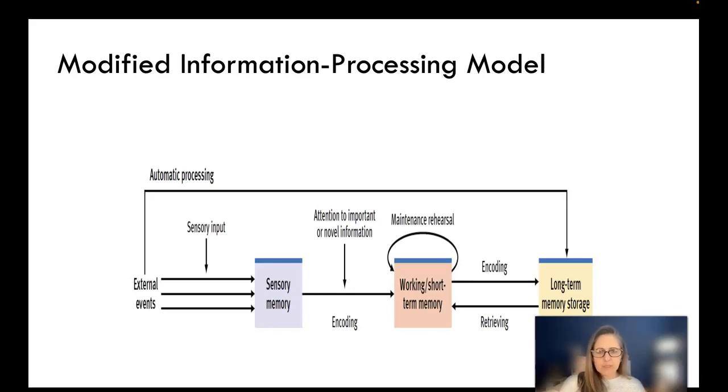Information first comes into our memory system through sensory memory because it comes in through our senses. And then if we process that information, if we do something more with that information, then it gets passed on to the second part, or the second stage, what we now typically refer to as working memory.